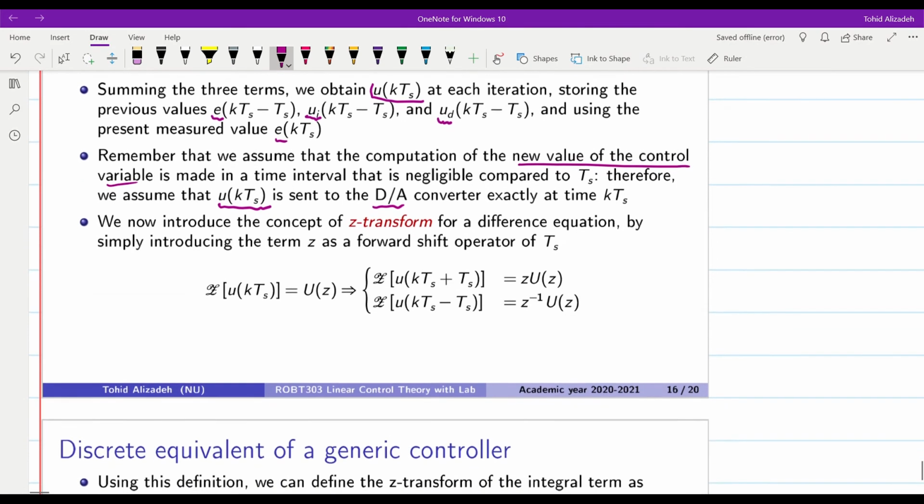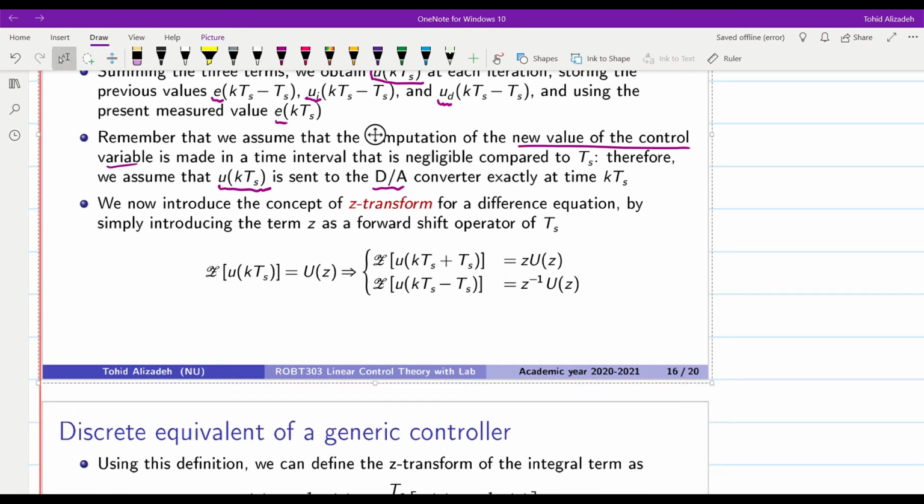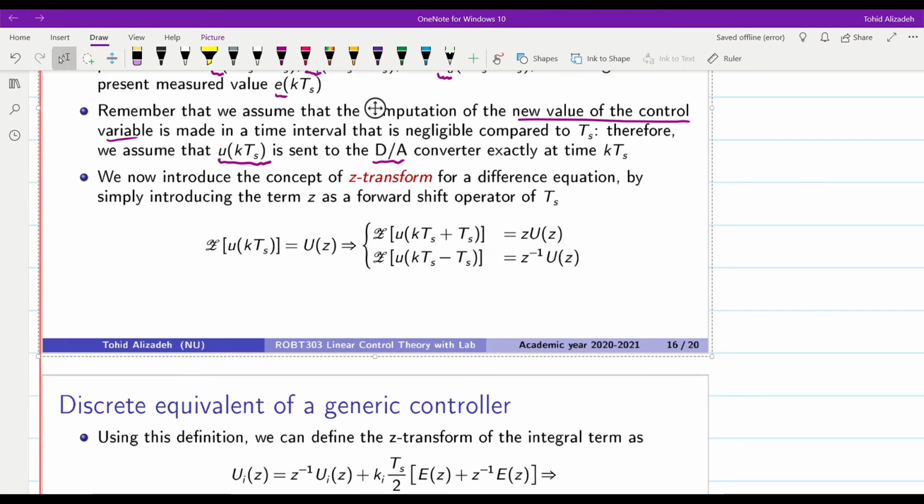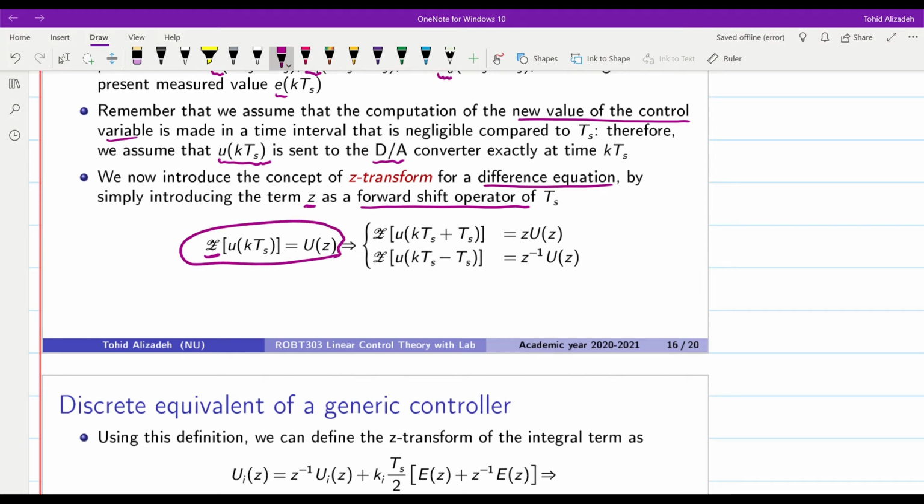Now we will introduce the concept of z-transform for a difference equation in the discrete domain by simply introducing the term z as the forward shift operator of ts. So you can see the z-transform here. The z-transform of u at k times ts, which is shown by u of z, is equal to the z-transform of u at k times ts plus ts.